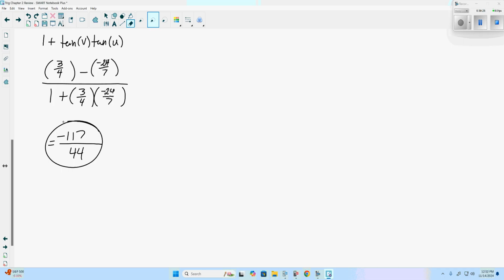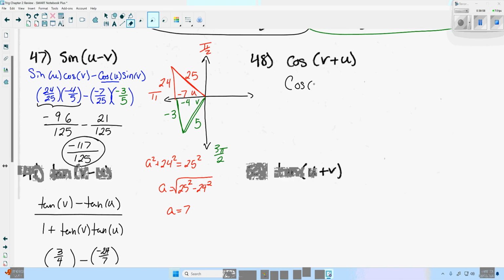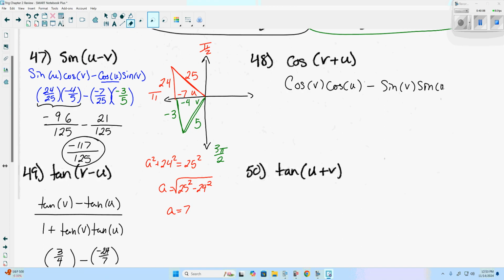Questions on this here? All right. Questions on the other two? We feel good with the other two? Because at this point, for cosine of u plus v and tangent of u plus v, I would just come over here and say it's going to be cosine of u cosine of v minus sine of v sine of u.